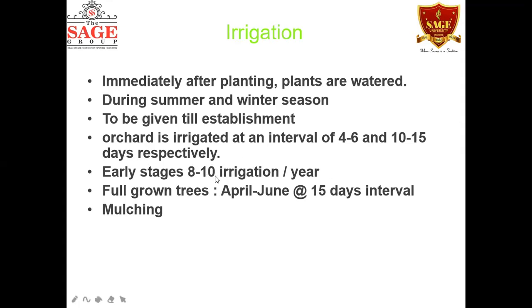In this way it will be 8 to 10 irrigations per year at the early stage. After that, there should be proper mulching, with any organic mulches, or black polythene mulches are also suitable.